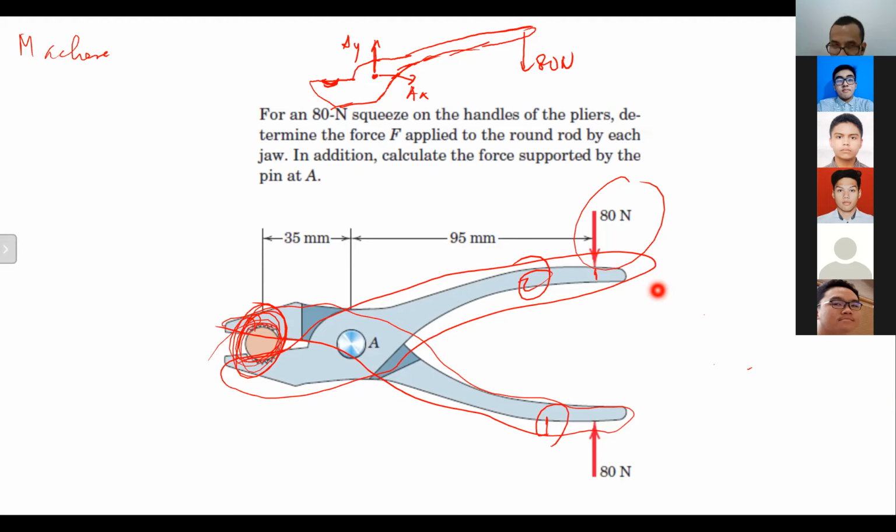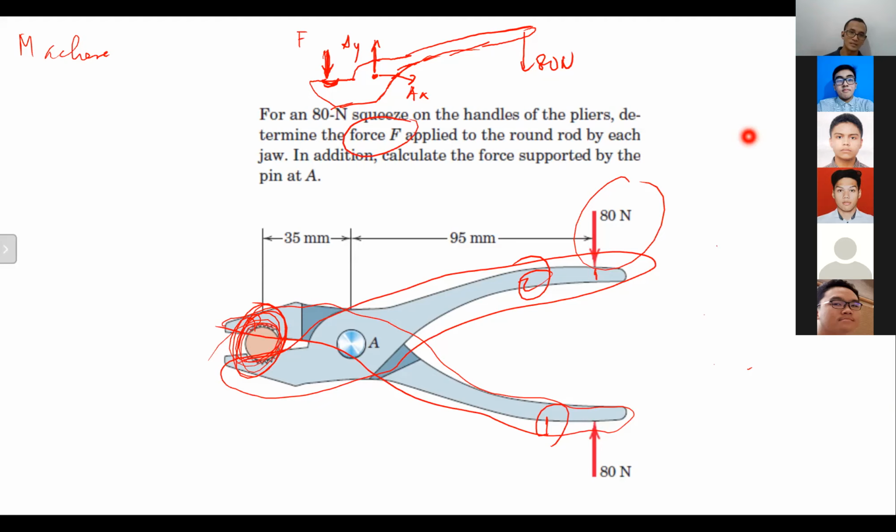No, that one is unknown. You're supposed to put another force here, because the rod will be under compression. Right? So it will be like this. This is the F here.